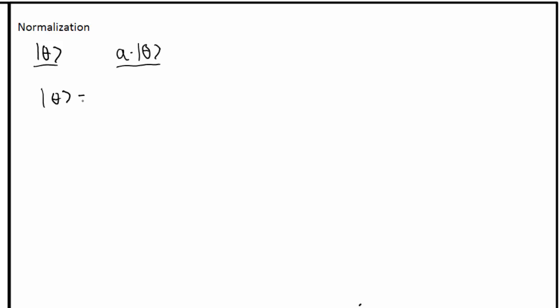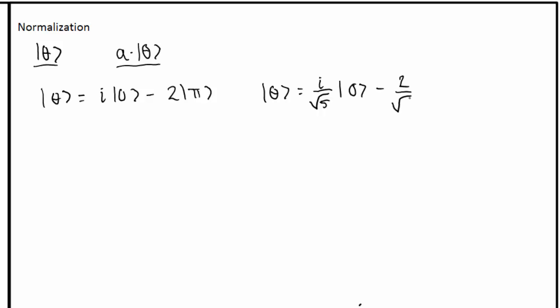For example, if we take a look at this state again, this represents exactly the same state as i over square root of 5, 0, minus 2 square root of 5 pi. I have just multiplied by 1 over square root of 5. In the second formula, I have what's called a normalized state.